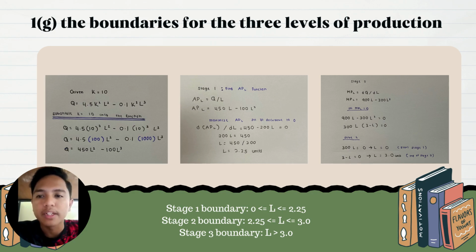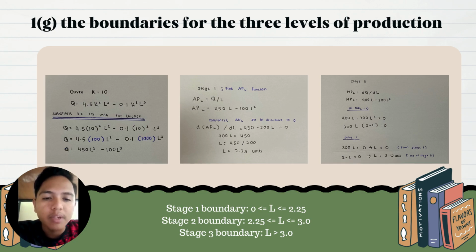And next, the last panel, which is the right panel, shows us how we found the boundary for stage 2 by determining where the marginal product of labor MPL equals 0. The MPL function is derived by taking the derivative of Q with respect to L, which gives us MPL equal to dQ/dL equal to 900L minus 300L squared.